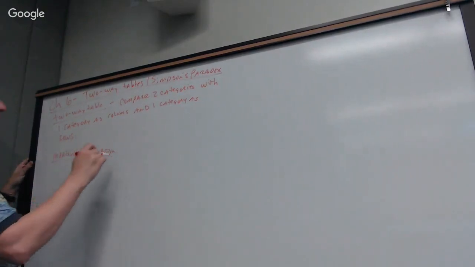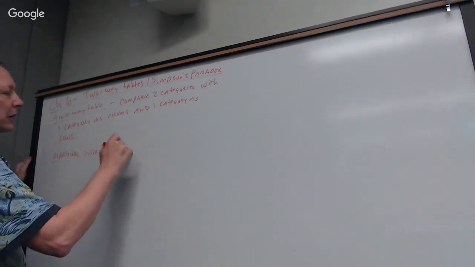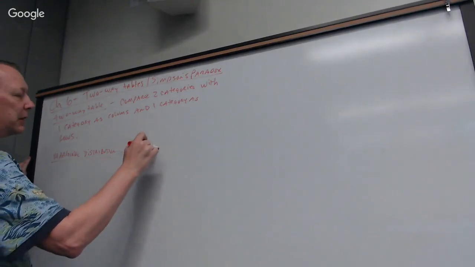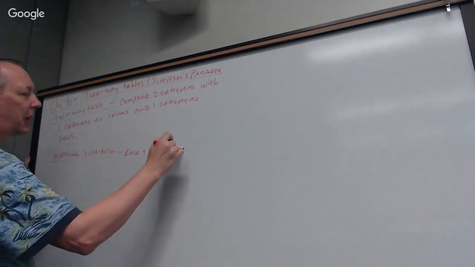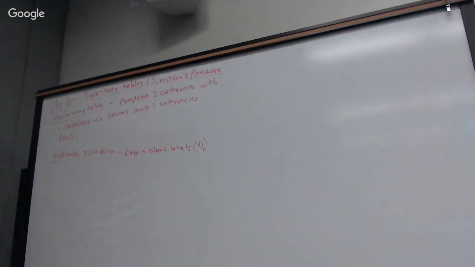And basically the easiest way to think of this, I wasn't super fond of the book's definition, but the row and the column totals, or I would also say you could do it as percents. But in order to get percents, what do you have to do? You gotta get your row and column totals, right? Okay.